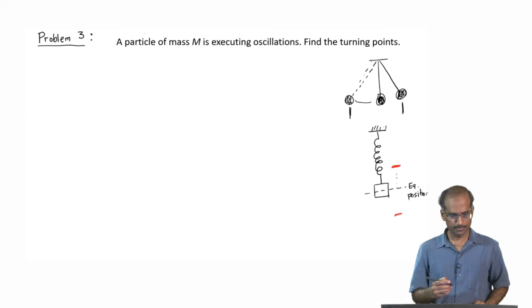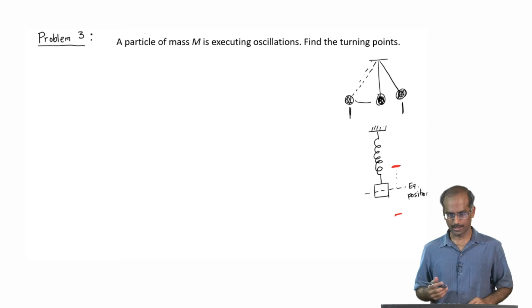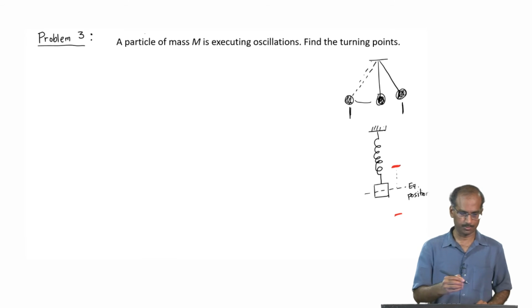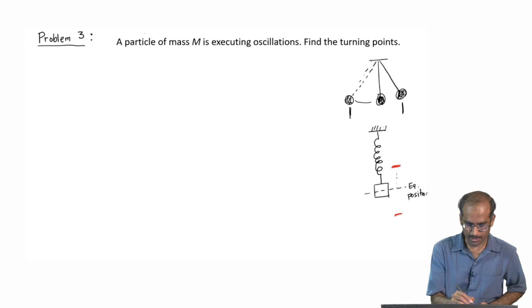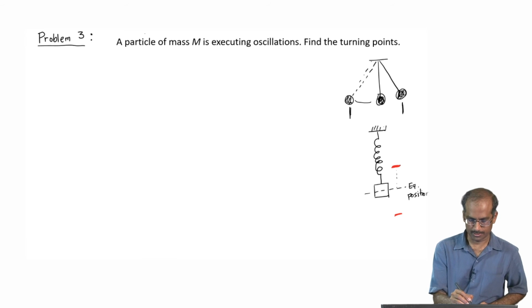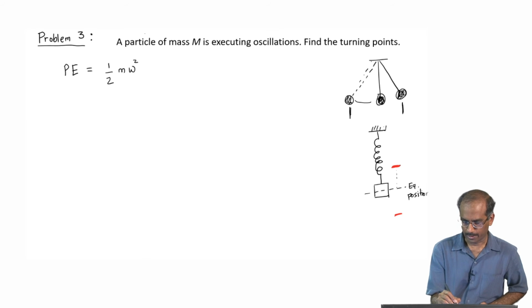To do that we can do that in general without referring to any one of these problems, and that is because we know that for any oscillating system potential energy is given by half m omega square x square.